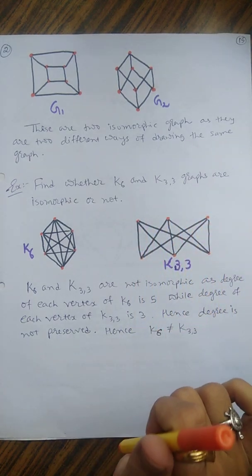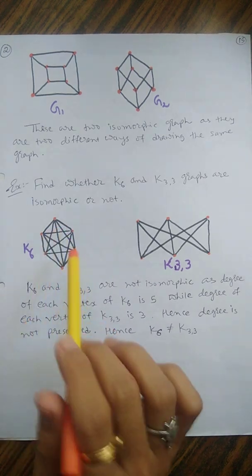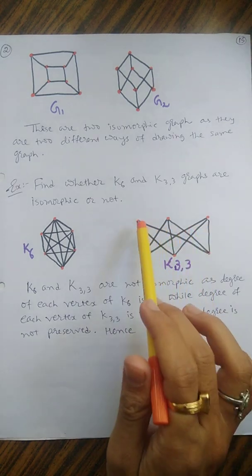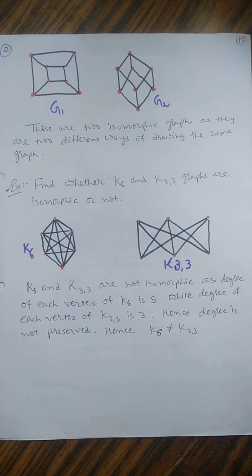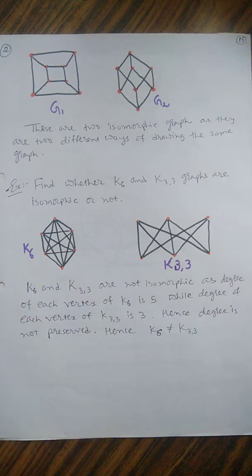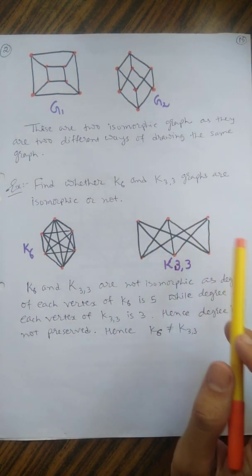Now the number of edges: the number of edges is different, because in K3,3 these vertices are not connected with each other. Another thing we see is that here one vertex has degree 5, but here one vertex has degree 3.